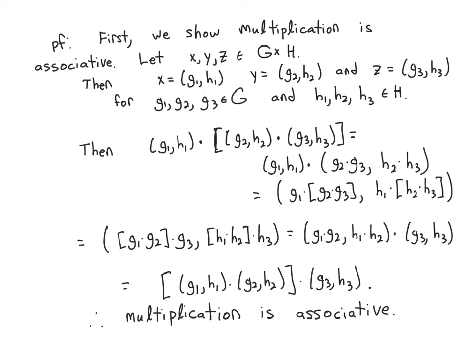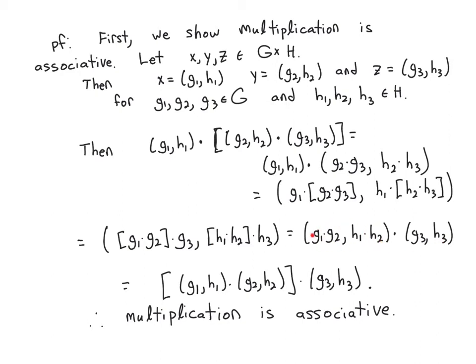And now if I go in reverse, I can see that this ordered pair is what I get if I multiply this ordered pair on the left times g3, h3. Why? Because in this product, the first coordinate is g1 g2 times g3, and the second coordinate is h1 h2 times h3.